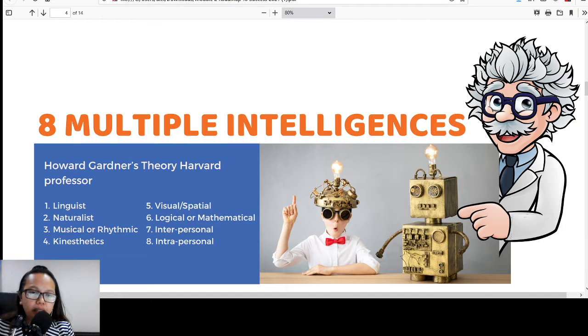Next, we have the interpersonal. Those who have strong interpersonal intelligence are good at understanding and interacting with other people. These individuals are skilled at assessing the emotions, motivations, desires, and intentions of those around them. For the strengths, it's more into understanding and relating to other people.